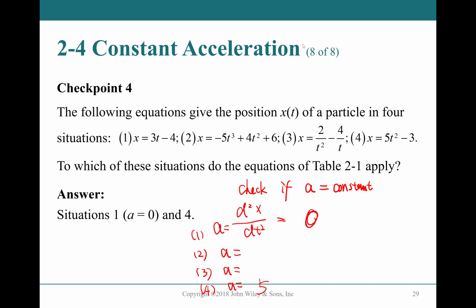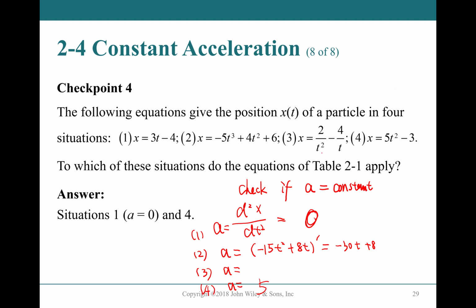So the second one here, you are going to get the first derivative, negative 15t squared plus 8t, and take another derivative, we are going to get negative 30t plus 8. Very good.